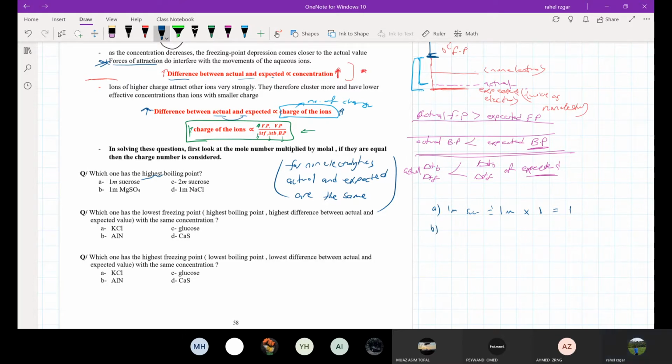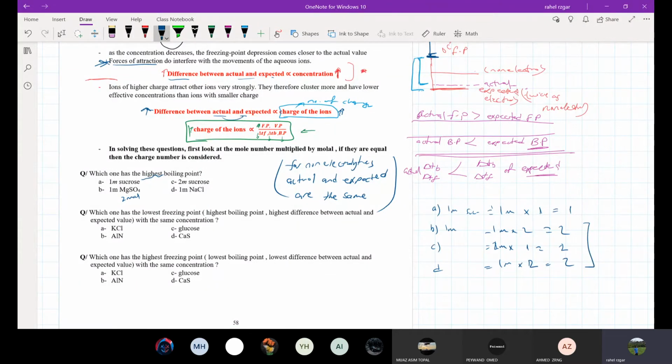B is 1 molar times 2, because the factor is 2 moles, so it's 2. C is 2 molar times 1, which is also 2. D is 1 molar times 2, which is also 2.